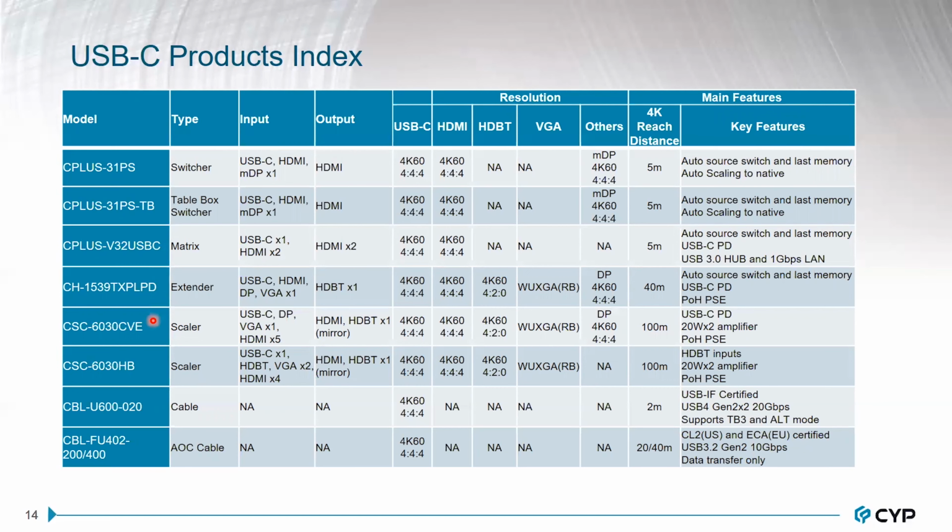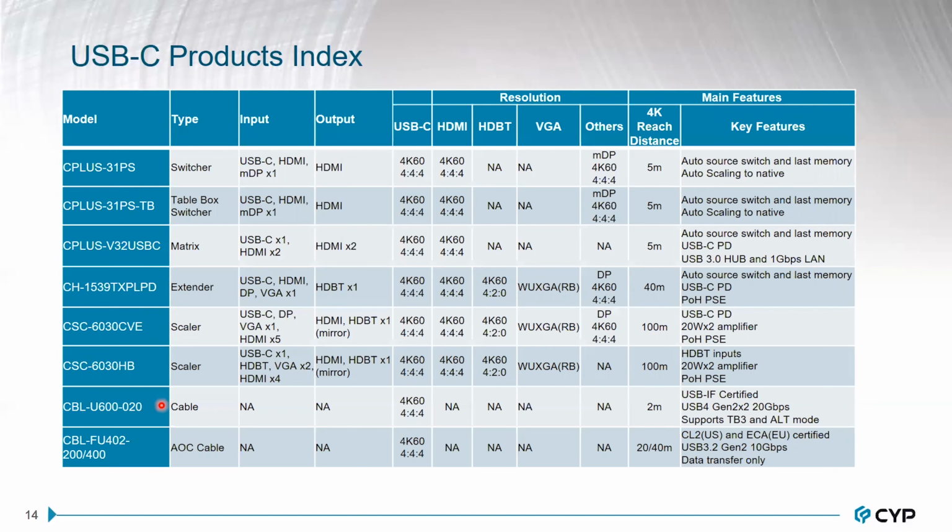CX1569 TXP or PD, CSC 6030 CVE, and HB series fit for larger spaces, such as large meeting rooms or classrooms, which need to extend the audio and video signals.